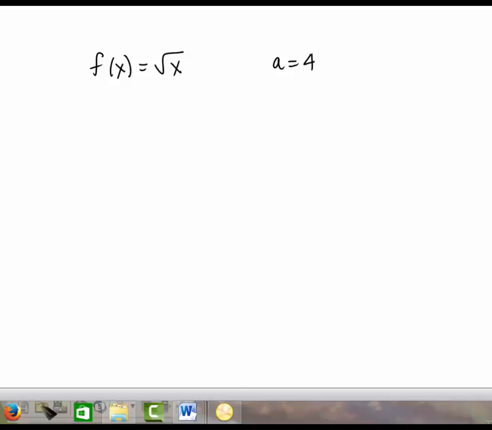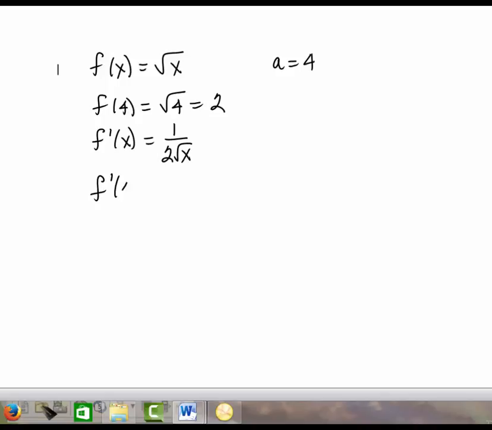In order to find a linearization, we want to find f of 4, which would be the square root of 4, or 2. We want to find f prime of x, which is 1 over 2 square roots of x. And we want to find f prime of 4, which would be 1 over 2 square roots of 4, or 1/4.